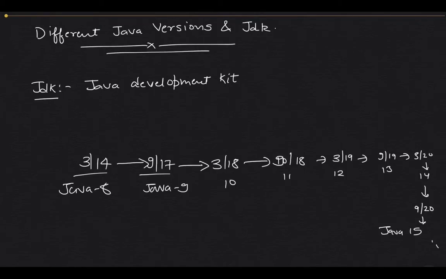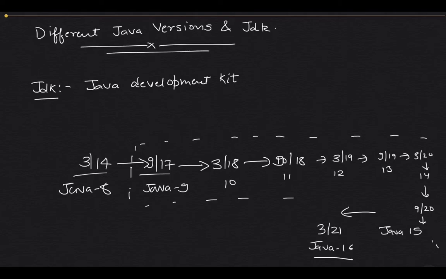And in March 2021 Java 16 is scheduled to release. So you can see, after Java 9 we are getting a new release every 6 months. Right now we are on Java 15, and by end of March hopefully there's going to be a new Java version.